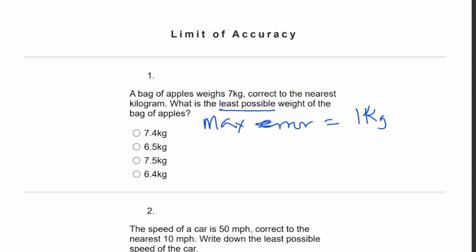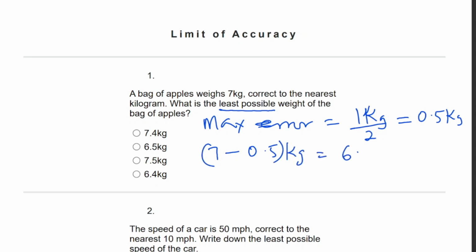Since the unit is 1 kilogram, the maximum error is half of 1 kilogram, which is 0.5 kilogram. So the least possible weight will be 7 minus 0.5 kilogram, which gives us 6.5 kilogram. I hope this is very clear. So this is the answer here.